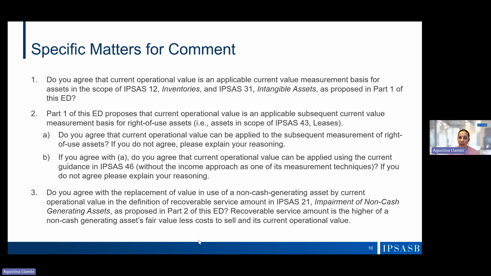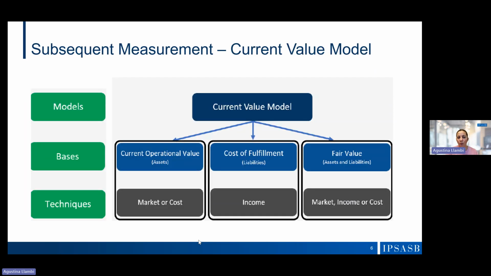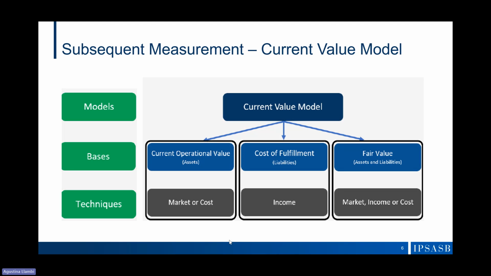And if you agree with A, do you agree that current operational value can be applied using the current guidance in IPSAS 46? And this is particularly important because when IPSAS 46 was an exposure draft, current operational value included more than 2 measurement bases. So I'll quickly go back to that slide because I think it's helpful. Current operational value could be determined by using the market, the income, or the cost approach during the exposure draft.